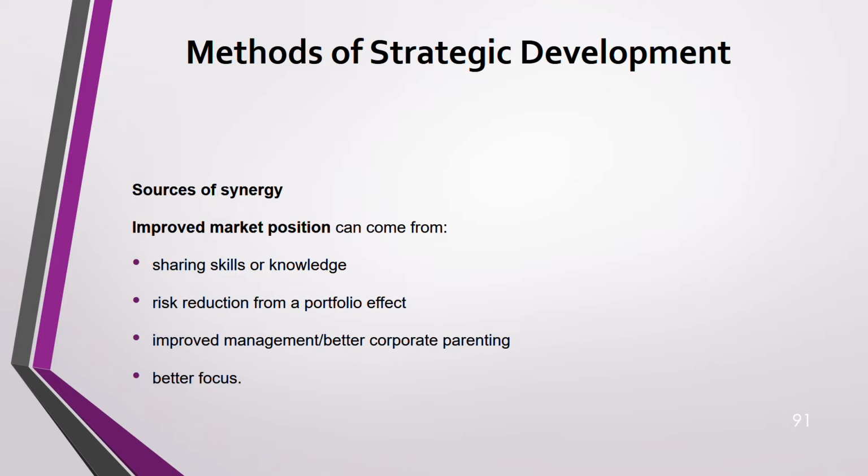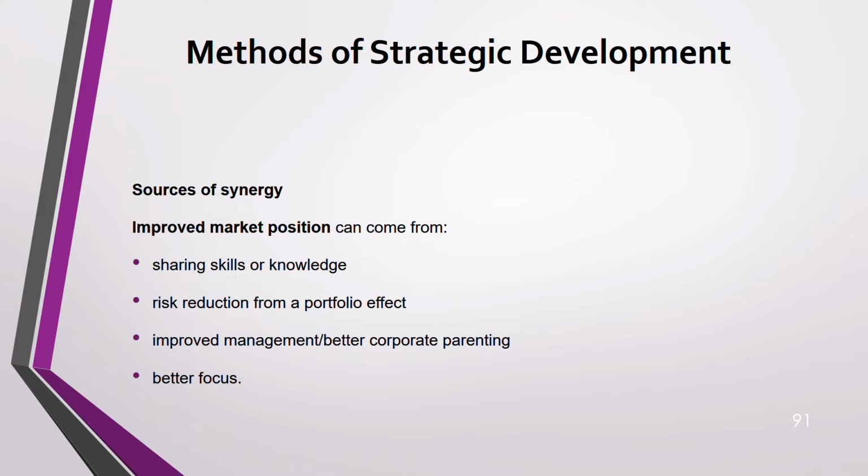So now your risk is divided not only in your business but also in the target company's business. So risk is reduced. Improved management, better corporate parenting. We are going to study what corporate parenting is after a small question. Test your understanding one. And then we have better focus. So all those things will improve the market position.